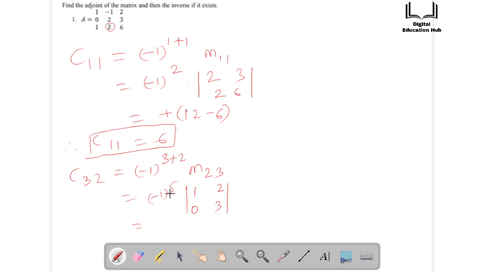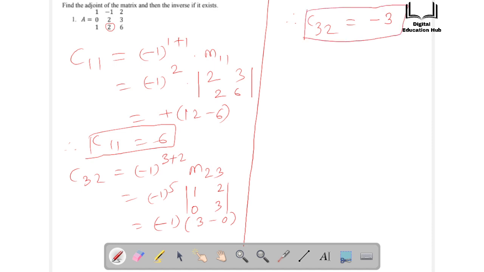Minus 1 raised to odd number comes to minus 1 multiplied with 3 minus 0, and the final answer can be written as, so therefore C32 is equal to minus 3. You solve that one, and that comes to this one.